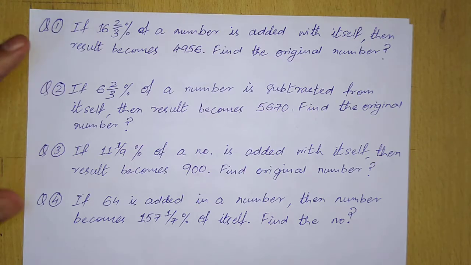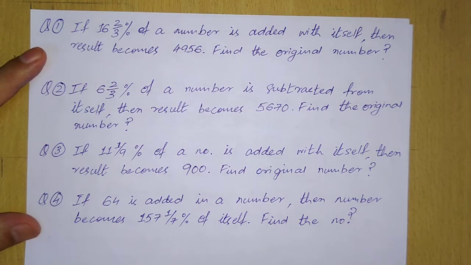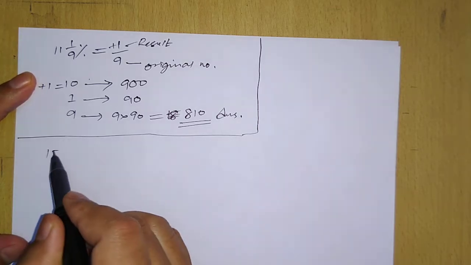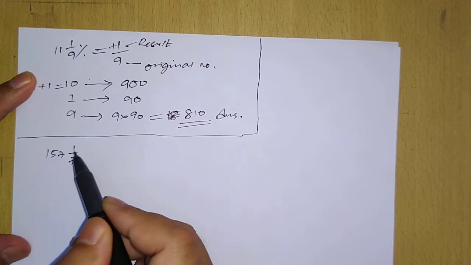Question number 4. If 64 is added in a number, then the number becomes 157 1/7% of itself. Find the number.